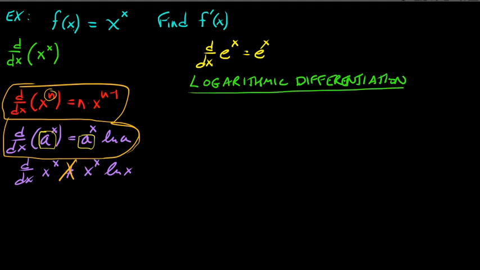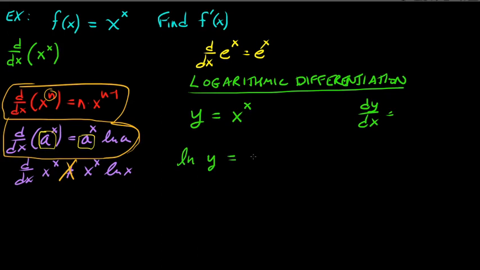Okay, so instead of writing f of x here, I'm just going to write it as y. So we have y equals x to the x, and remember, our goal is to get the derivative of y. Well, before you try to take the derivative, it might be helpful to take the natural log of both sides.